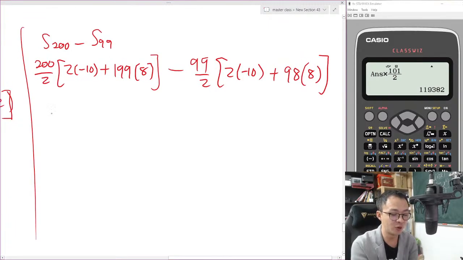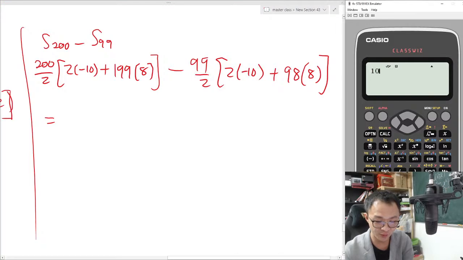You just type the whole thing into the calculator. I hope it's correct. Minus 99 over 2 bracket negative 20 plus 98 times 8.